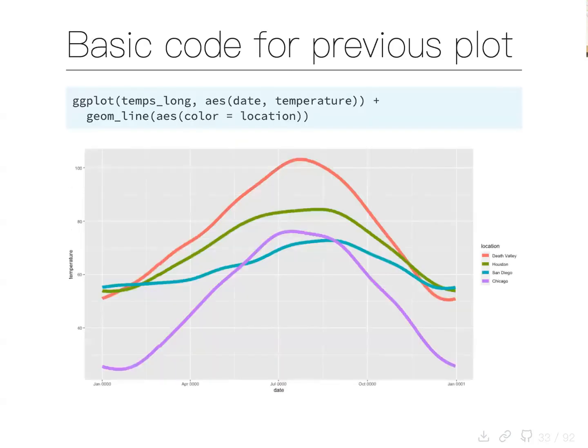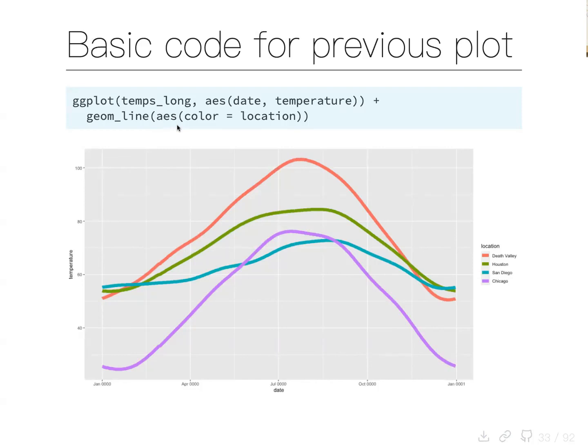If we wanted to actually create this plot, I have this data in a temps long object, but that doesn't really matter. It's very straightforward, right? We would put the date on the x-axis, the temperature on the y-axis, and then we're going to say geom line. But then within that geom line, this is the only part that's maybe not so straightforward. We'd say AES, so aesthetic, right?